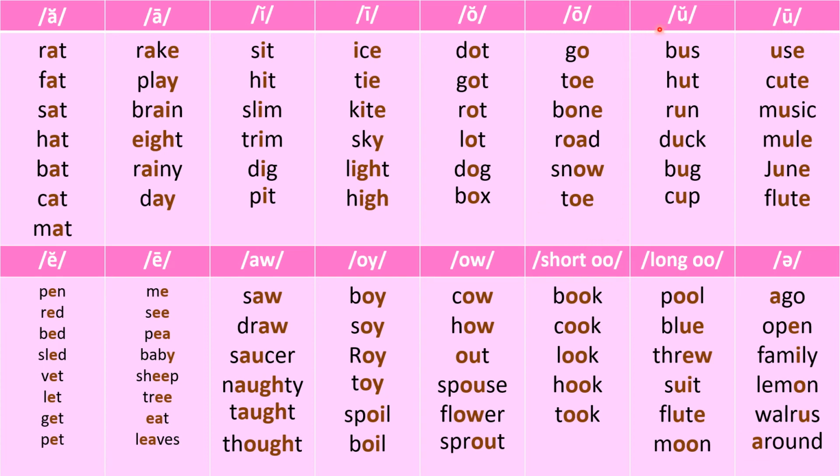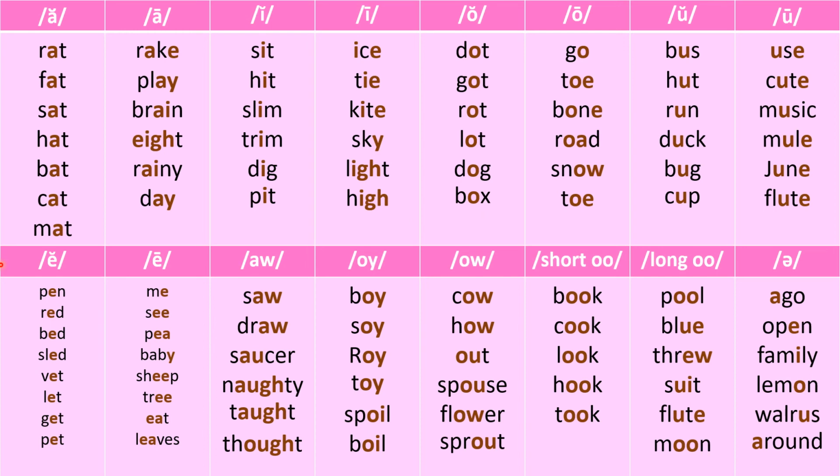Short U as in bus, hut, run, duck, bug, and cup. Long U as in use, cute, music, mule, June, and flute.